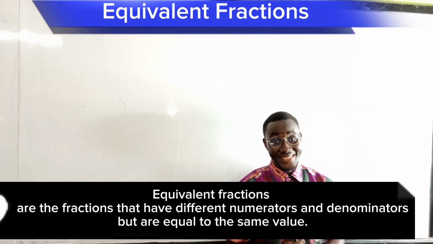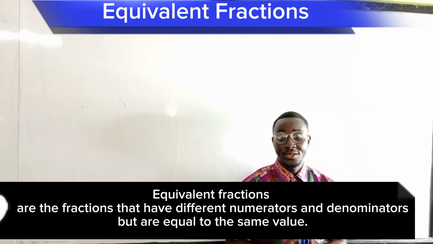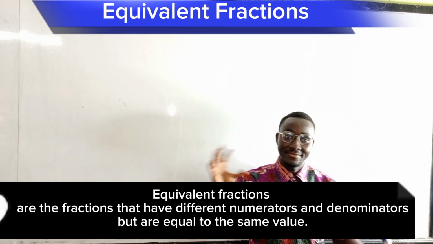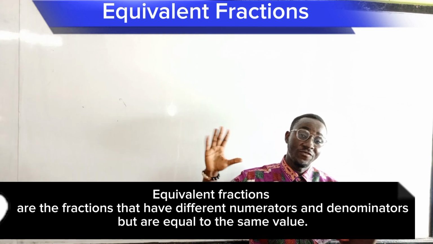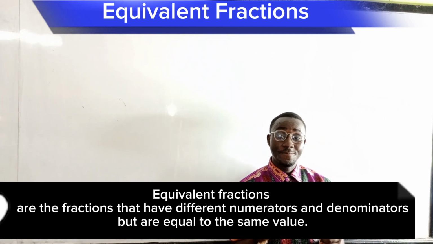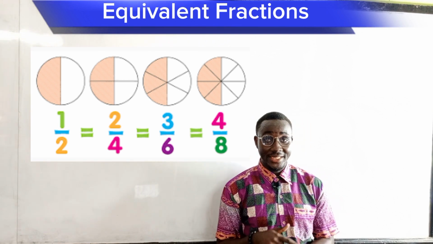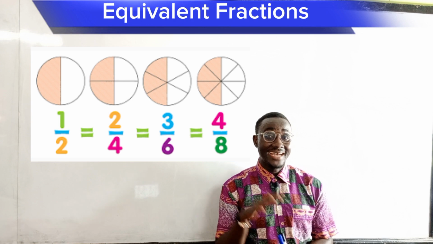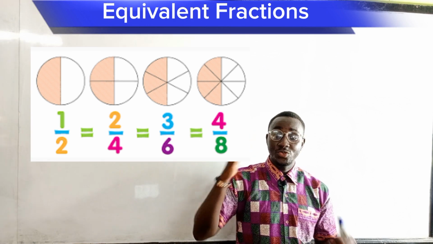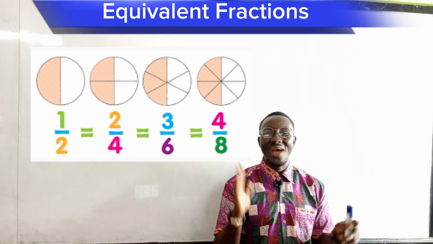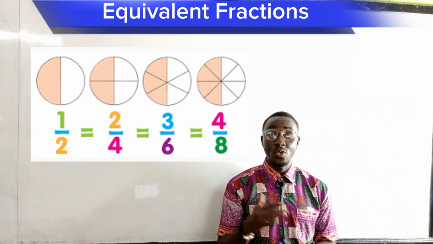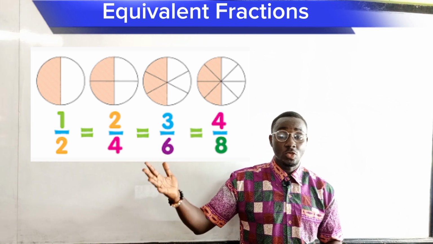Right, let's look at another example of an equivalent fraction. So you could see some images over here. We have 4 images. The first one has 2 rooms, just as the first one we did. This time the images are circles. So it has 2 spaces, and one has been shaded. So that will be what? 1 out of 2.